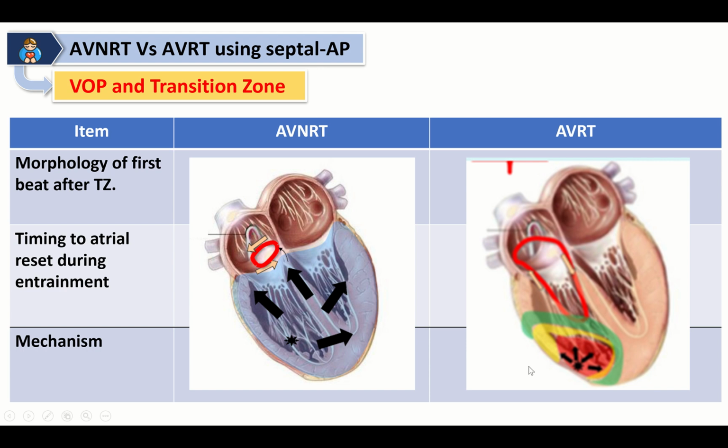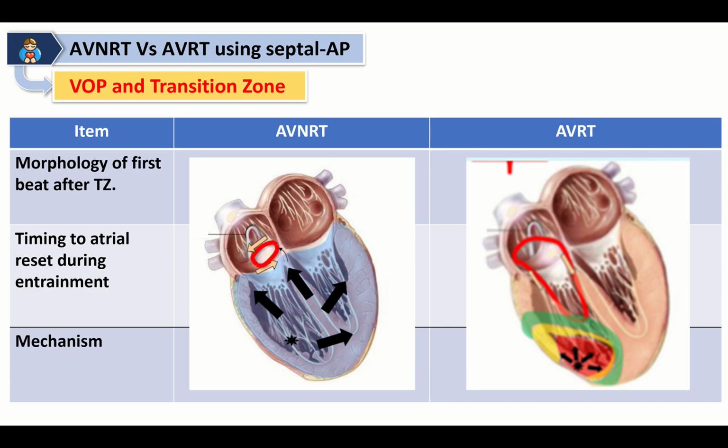Let's assess when we will reach the atrial resetting. Is it early or late? It's very early, because once we start pacing from RV, the impulse will join the re-entry, then reach the atrium and start atrial resetting. So it is very early during the transition zone.